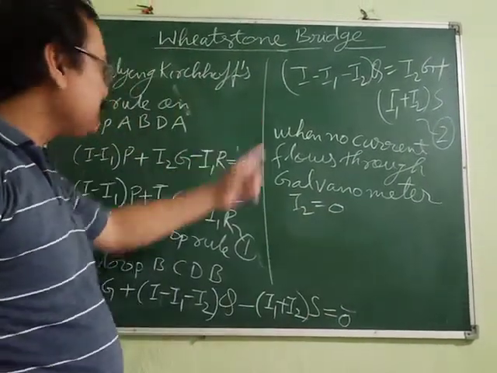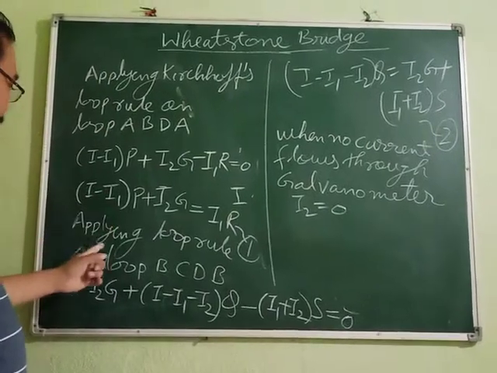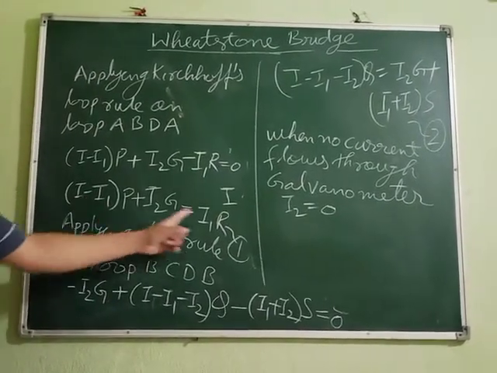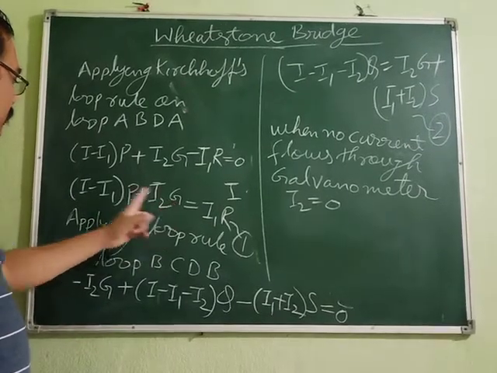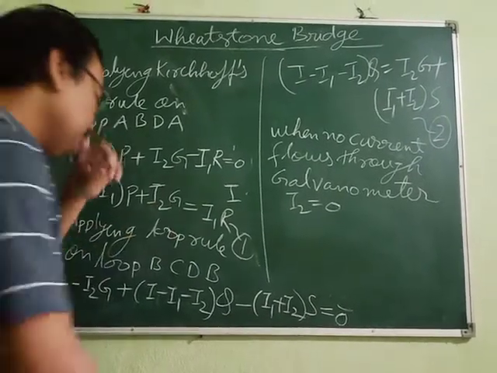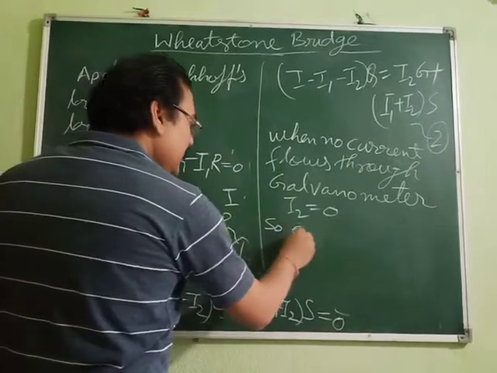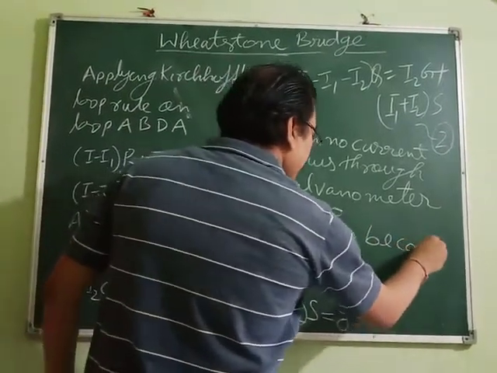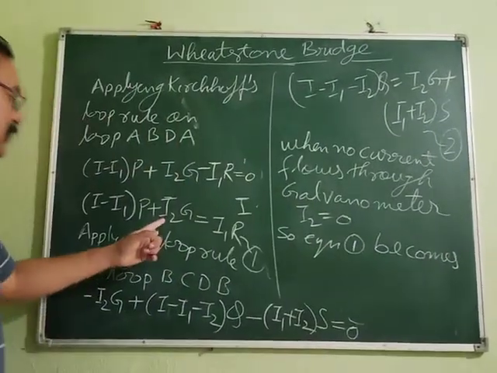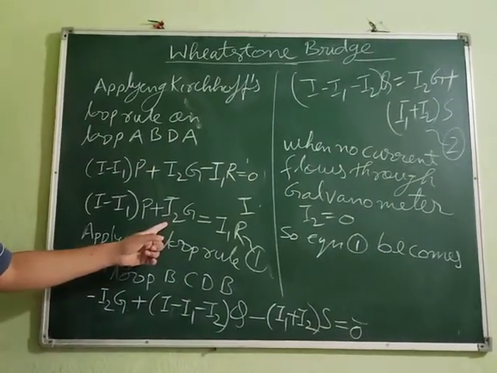So what about equation 1? This is our equation 1. When I2 is 0, just place 0 in the place of I2 in equation 1.